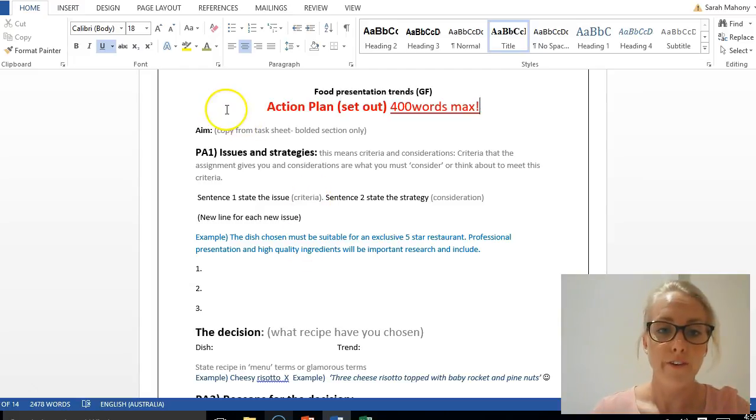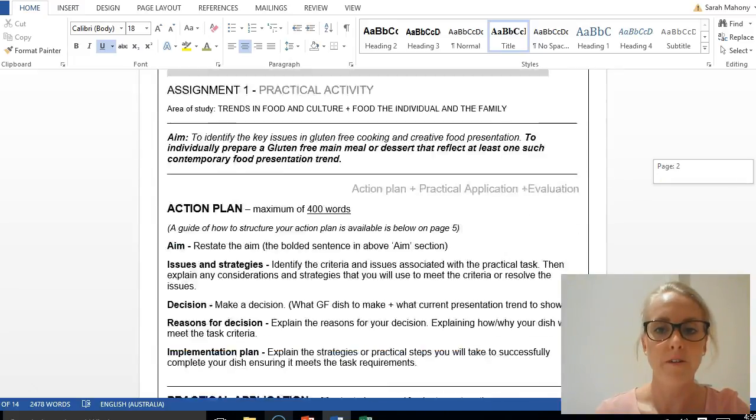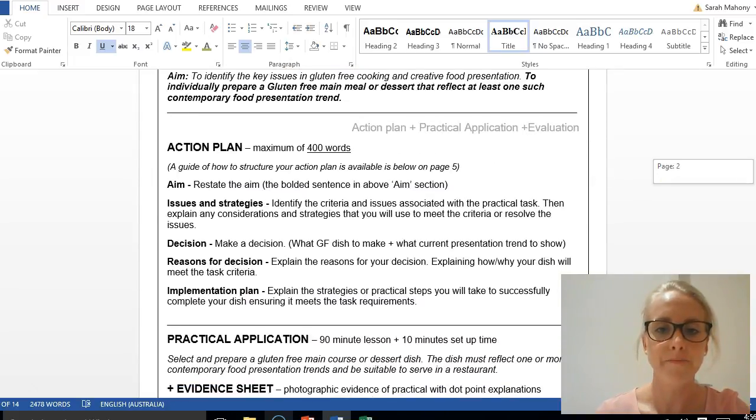Moving down to the first section you need to fill in, I have the aim, and it tells you here to copy from task sheet the bolded section only. Now, because on this document we have everything all in the one, I'm going to just scan back up to the task sheet itself. So back up to page number 2 here.